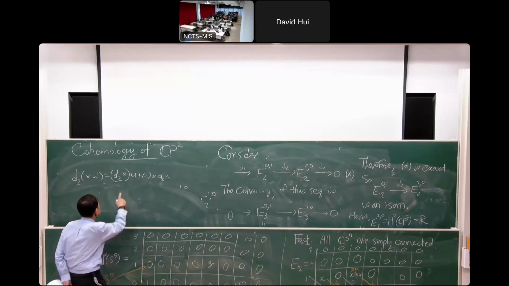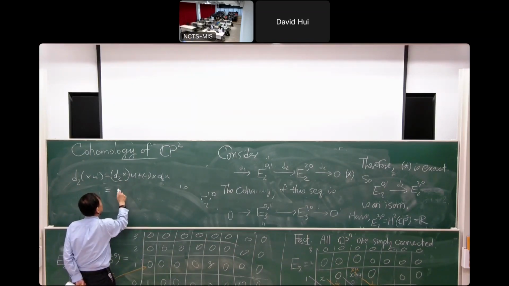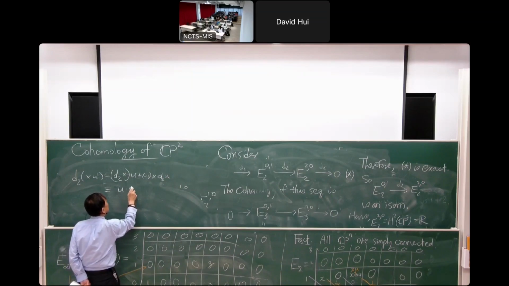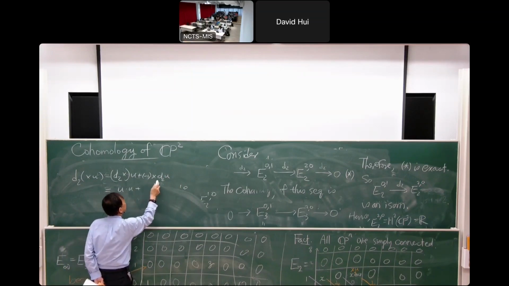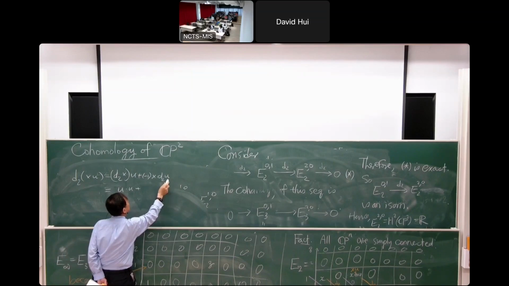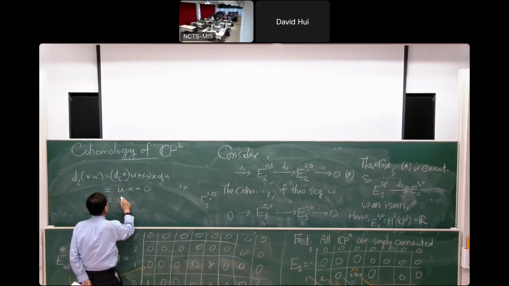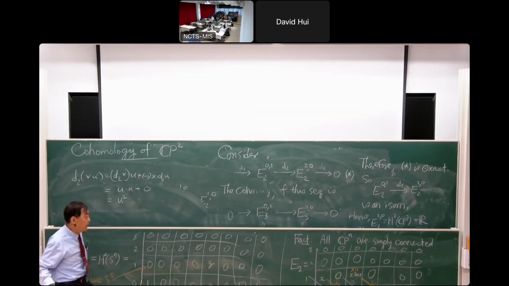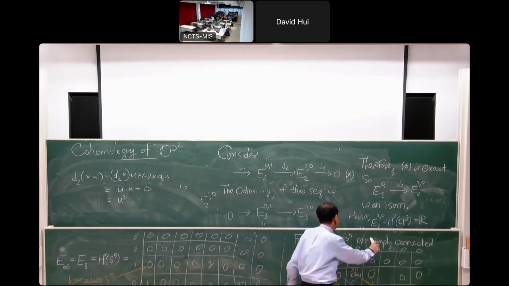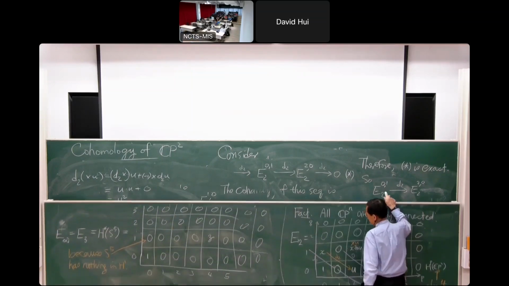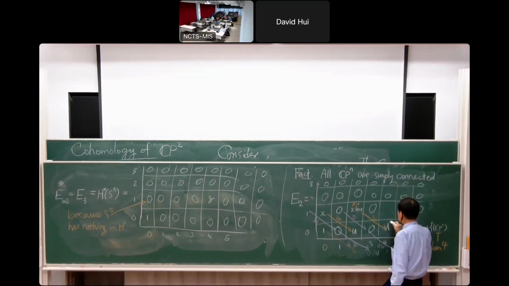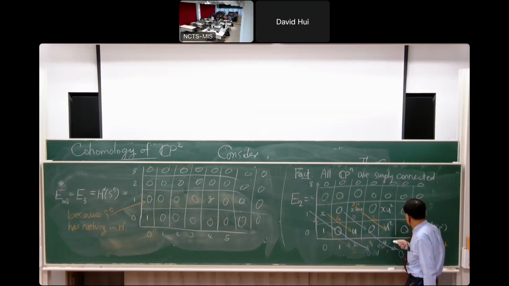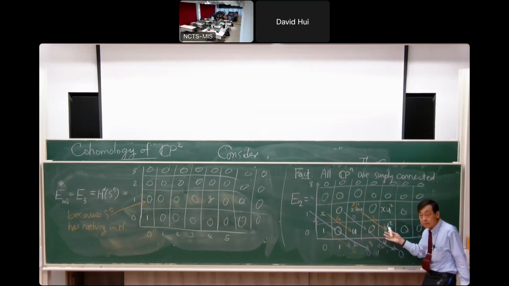And D2X is U, so you get U times U, and D2U is 0, so U square. So that's the generator here. This box has U square. And then this box would be R with generator UX square. And now you have the cohomology of CP2.